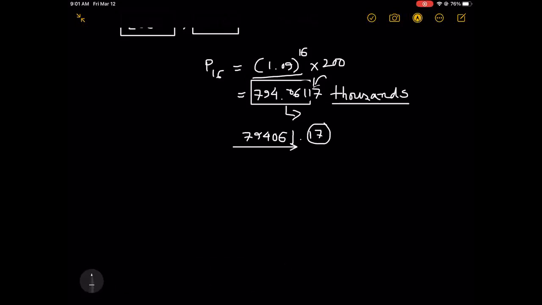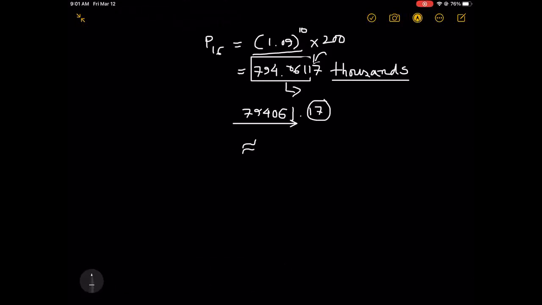So we can say that the population will be 794,061. We try to round it to the nearest whole number, so we can clearly write this.